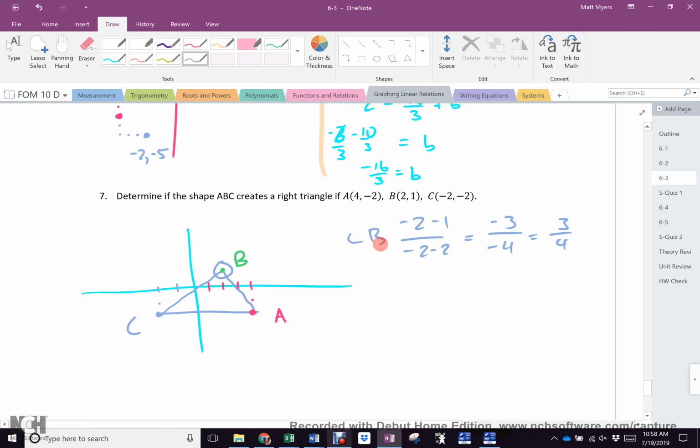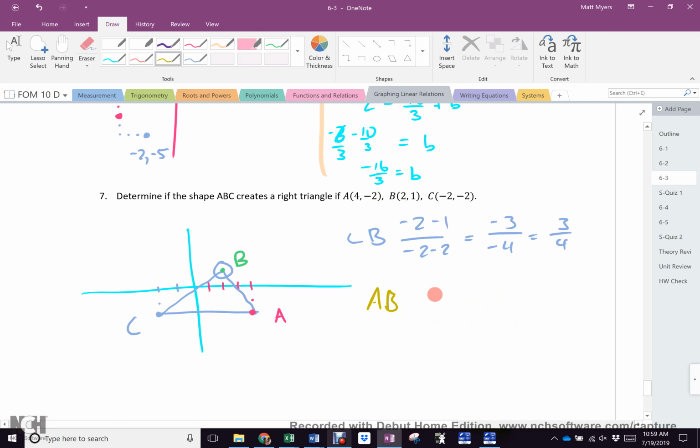That's CB. So now I've got to check AB, which is negative 2 minus minus 2 over negative 2 minus 4... that's CA I'm doing. What an idiot.